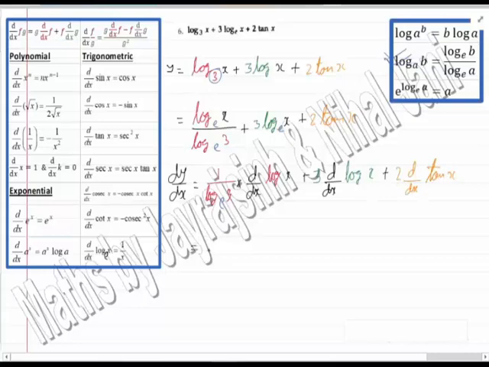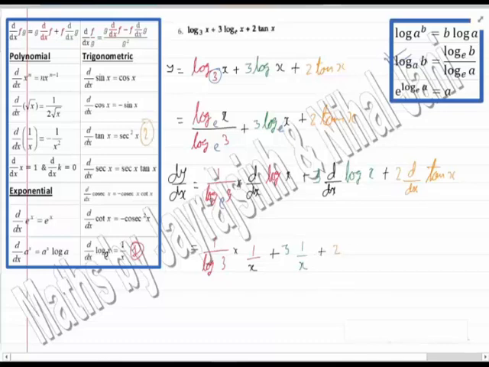So let's differentiate. Our log 3 base e will be as it is. Differentiation of log x, as we know, is 1 by x, plus 3 is as it is. Differentiation of again log x will be 1 by x, plus 2 is constant term.